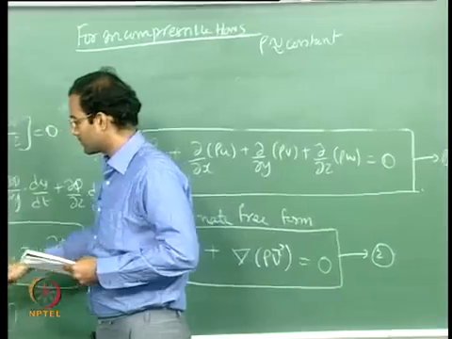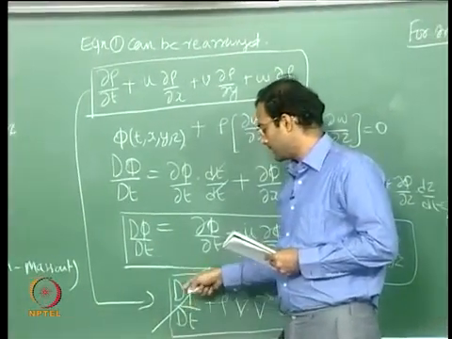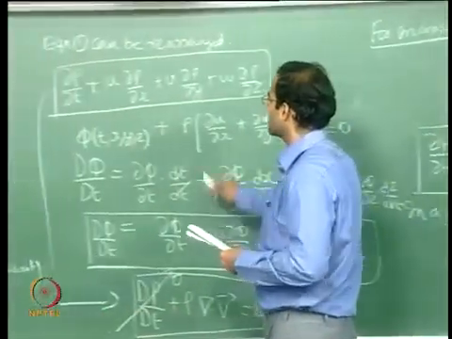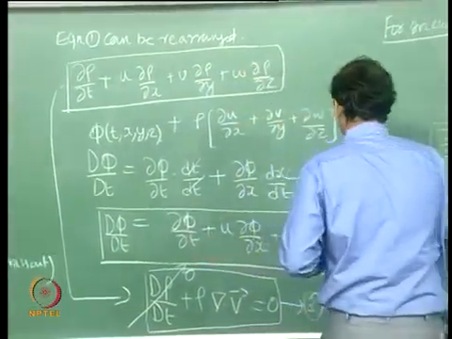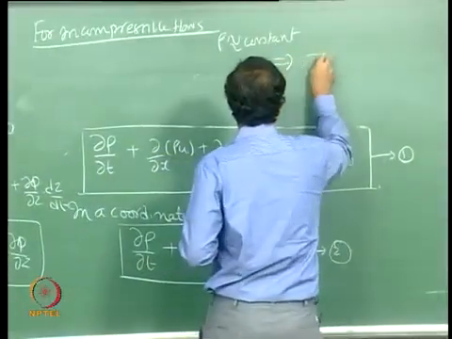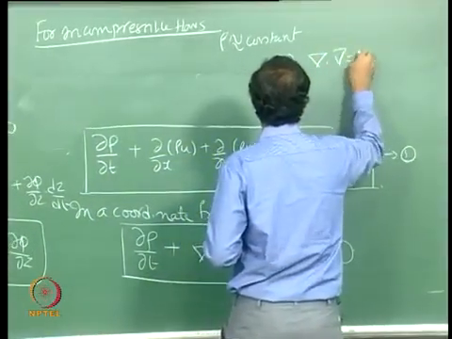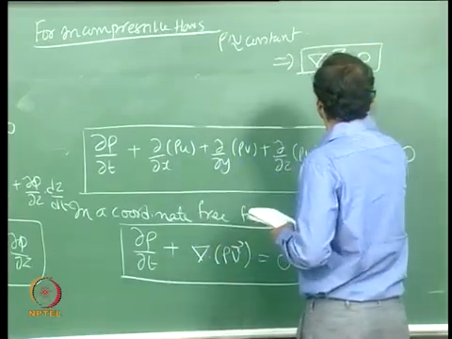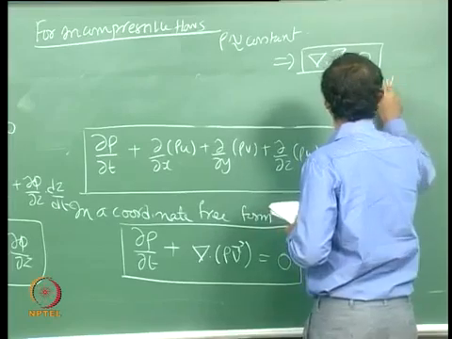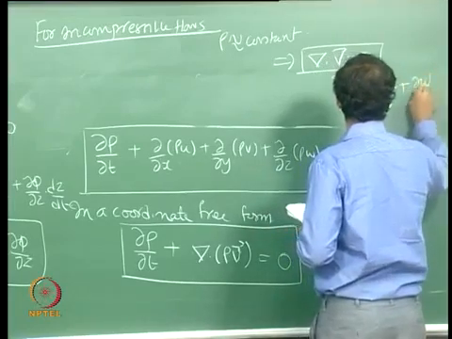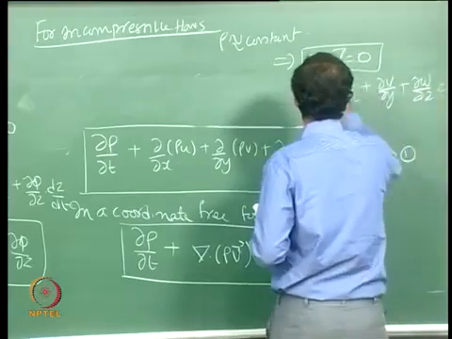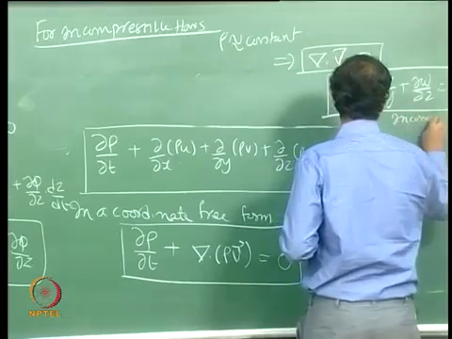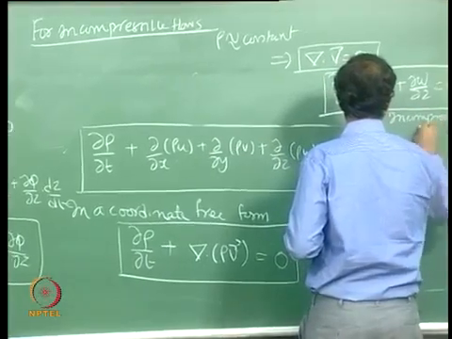In that case, even if the flow is unsteady, the total derivative of density will be 0 because the density is invariant of space and time, and you again get the expression that your velocity is divergence free. Or in rectangular coordinates this means du by dx plus dv by dy plus dw by dz is equal to 0. So this is your incompressible continuity equation.